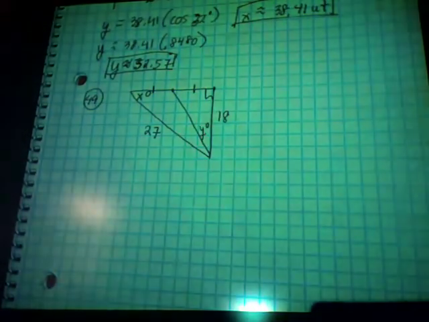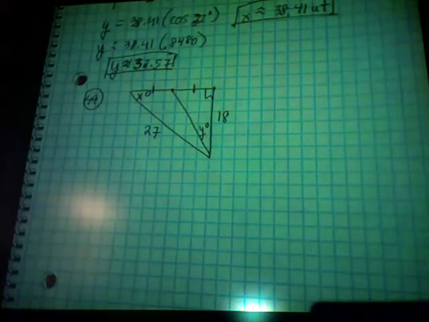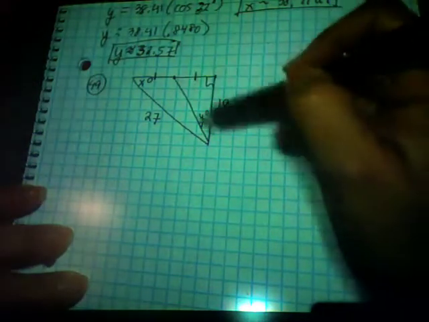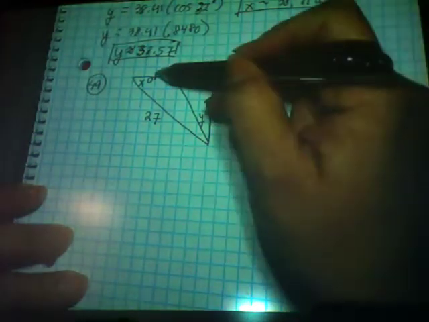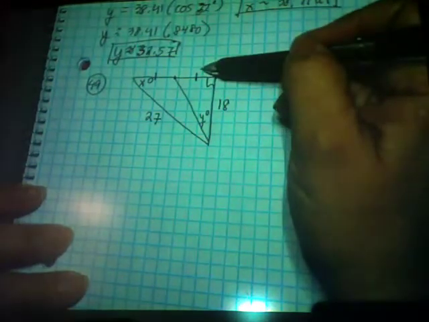Do I have everything correct in the picture? I don't think I'm missing anything. Okay. So I really have two right triangles here. I've got the whole big right triangle, and I have this little right triangle here. I'm told that these are equal. So if I find this side, I can cut it in half, and that's what this side will be, right?